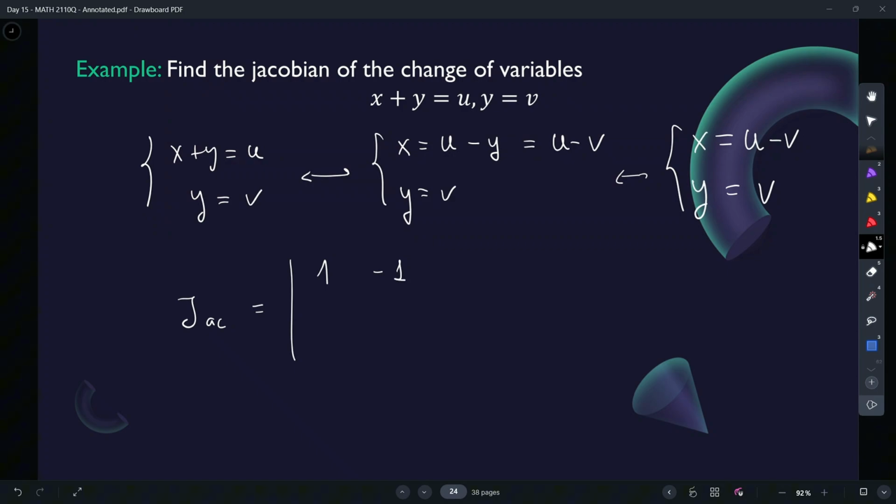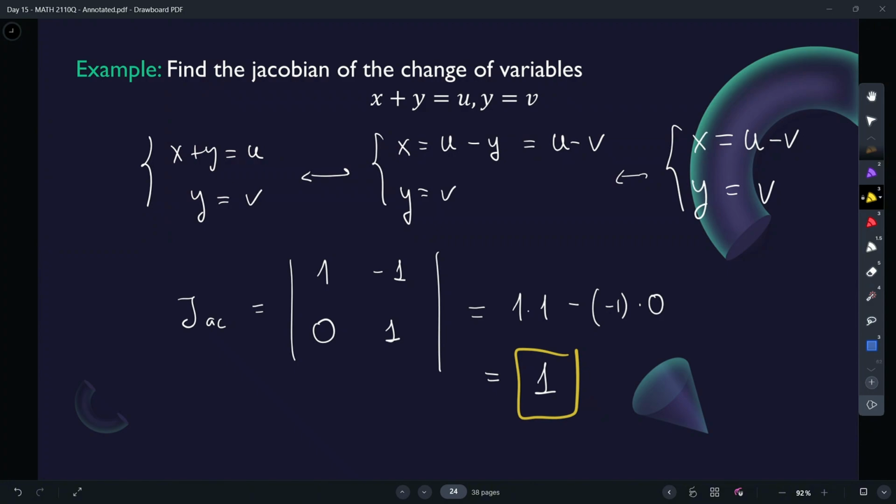The derivative of y with respect to u is 0. And the derivative of y with respect to v is 1. So now take the determinant. This is 1 times 1 minus 1 times 0. That is 1 minus 0, which is just 1. Perfect.